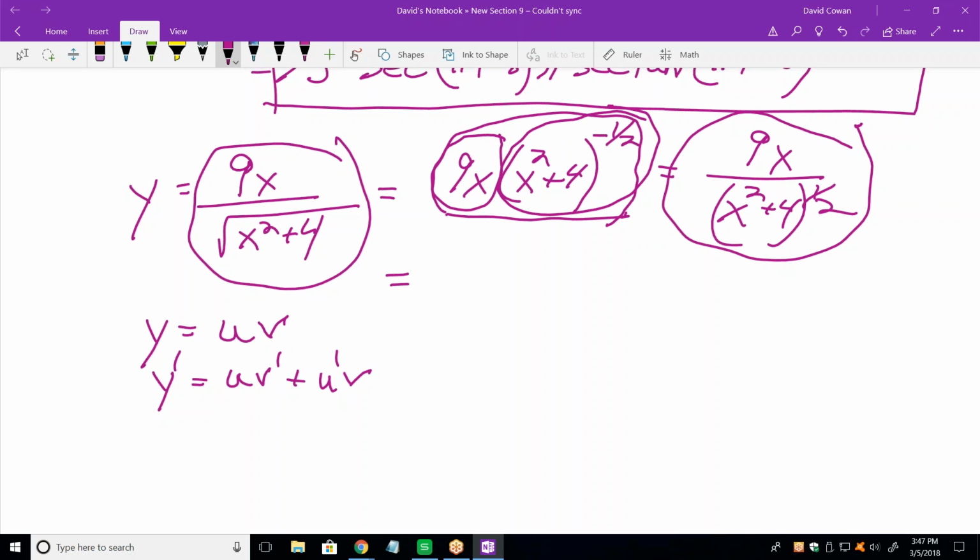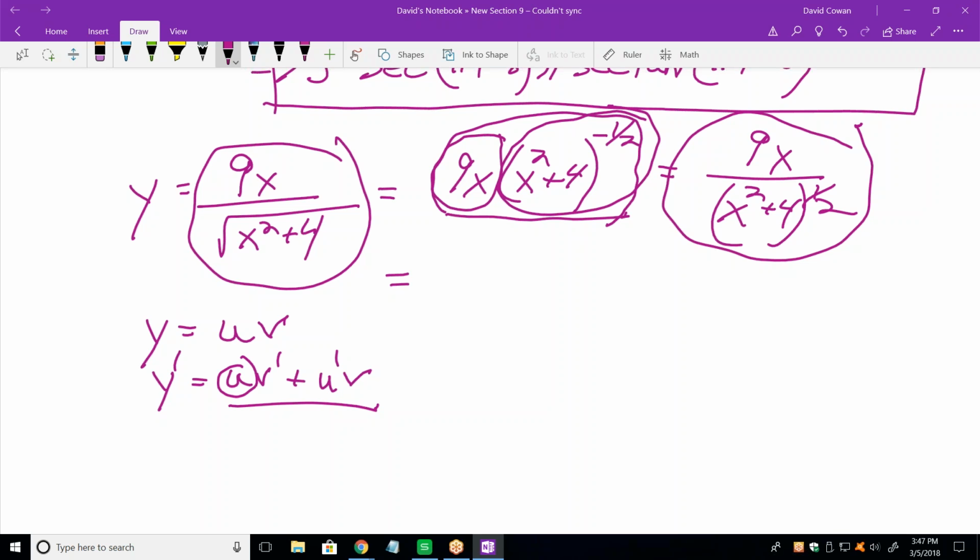Even though you can reverse those, I really highly recommend always doing it the same way. The reason is that then there's no question about how you start. You always start with u. You don't start with the one that's the easiest to differentiate.